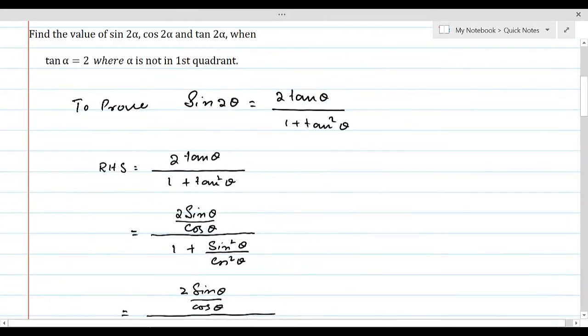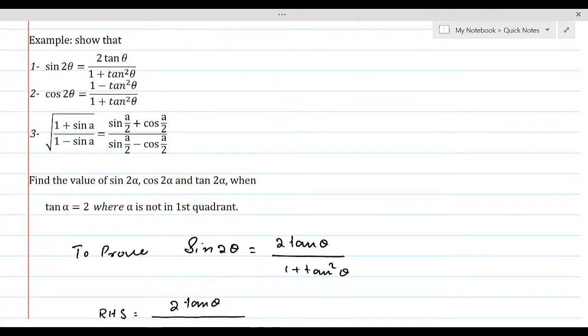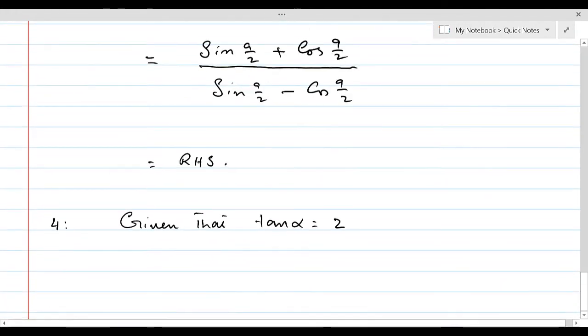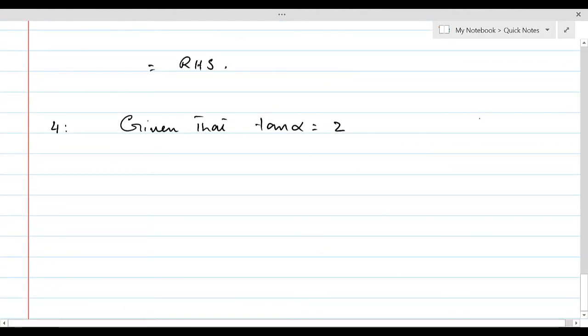If tan is positive, it could be either the first quadrant or the third quadrant, because here it's A, S, T, and C. Tan is negative in second as well as in fourth quadrant. It could be positive only in first or in third. So if alpha is not in the first quadrant, then for sure it is in the third quadrant.